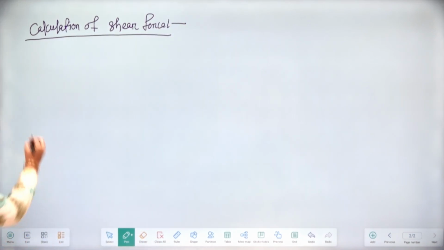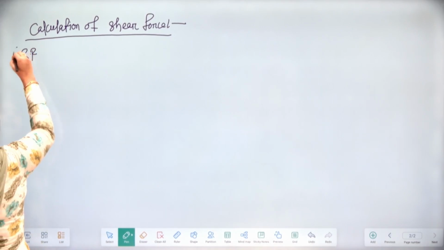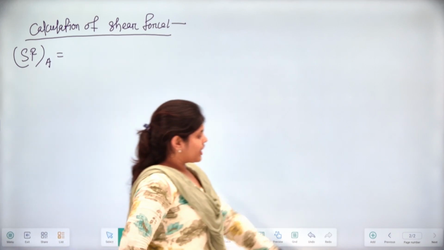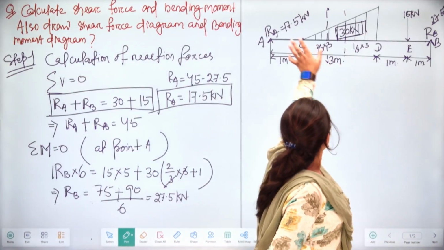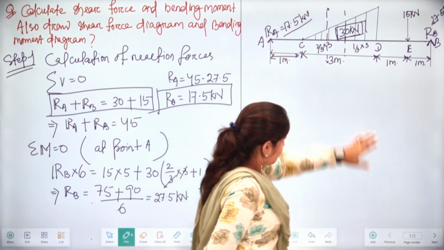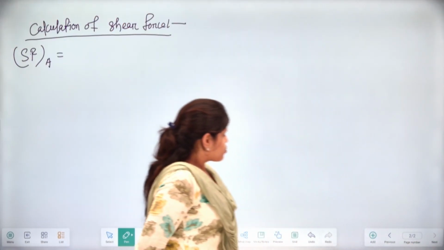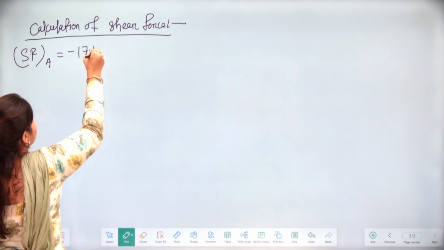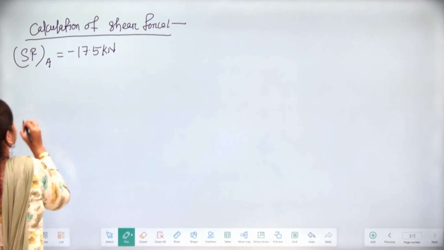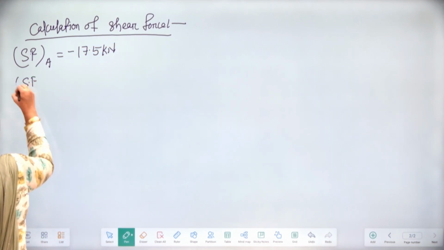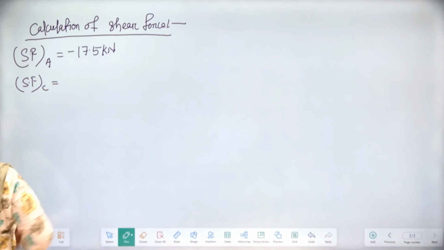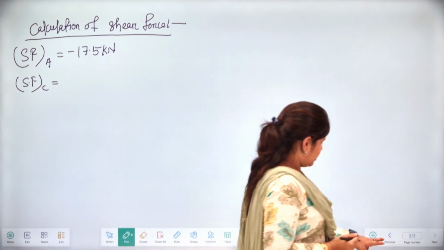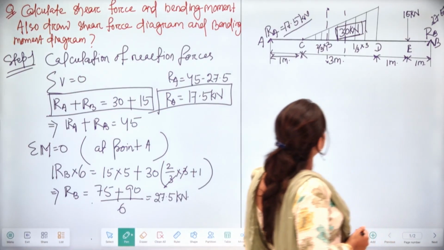So shear force at A will be similar to the reaction force at A. Here we have 17.5 kilonewton, so it will be minus 17.5 kilonewton. Next, we will have shear force at C. So this shear force at C, how to find out?